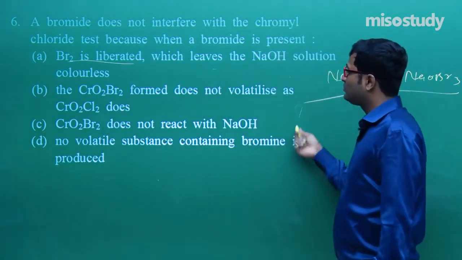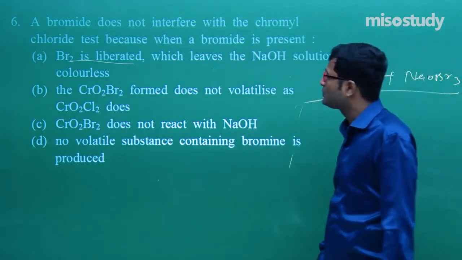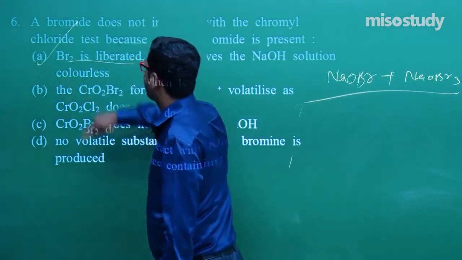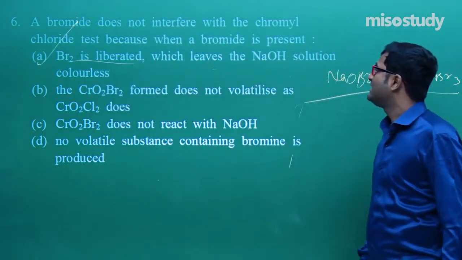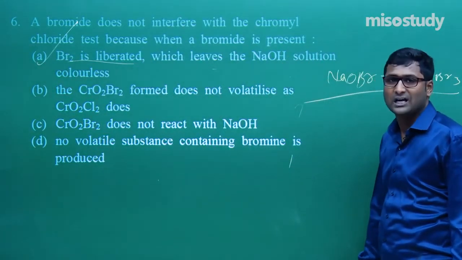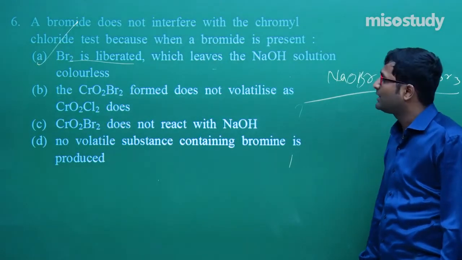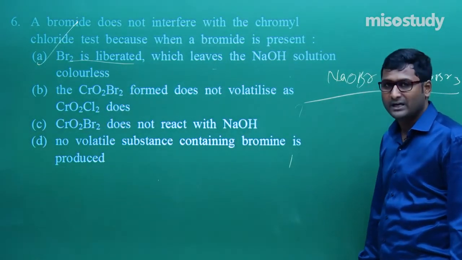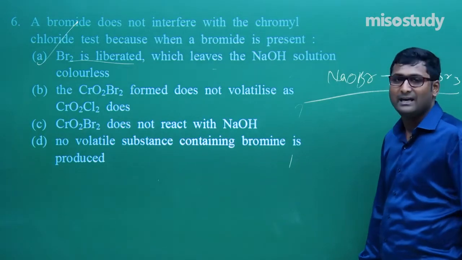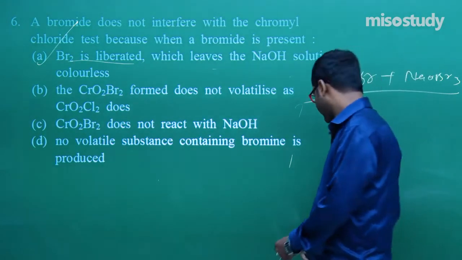So we do not need to check the other options. It is a single-option type question, and for option A, Br2 is liberated, which leaves the NaOH solution colorless. So for question number 6, we can easily say that A is the correct option.